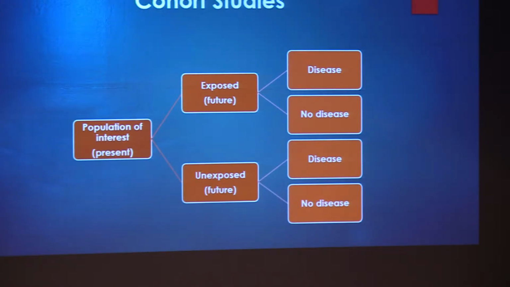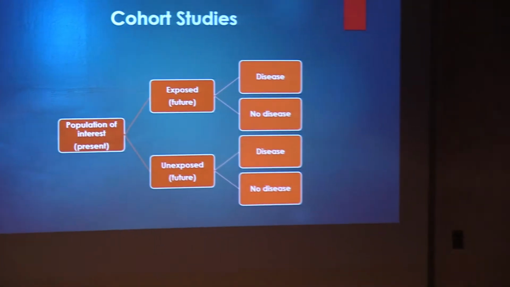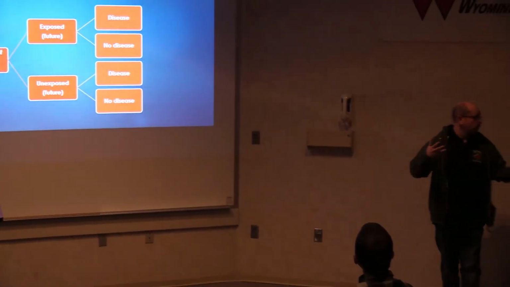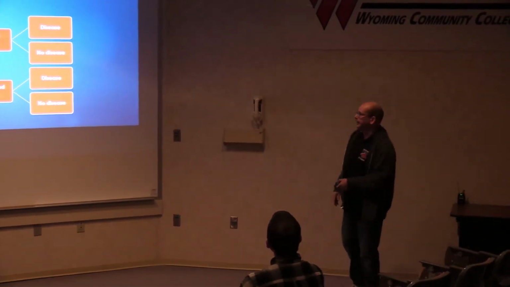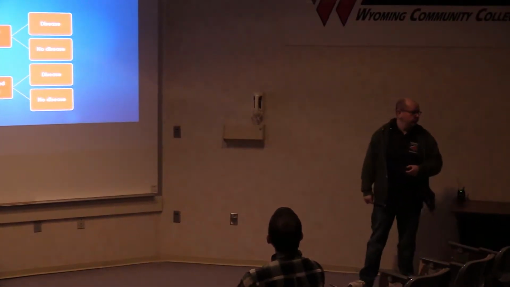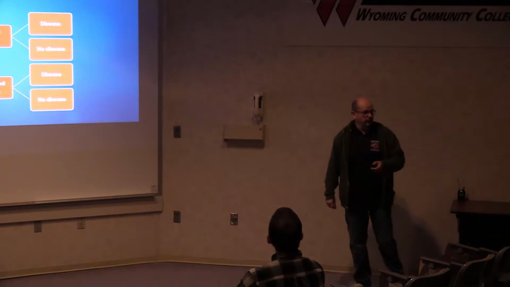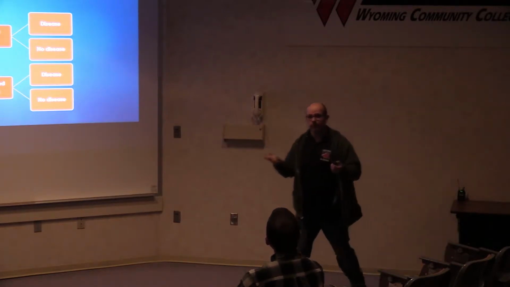You're going to measure what happens in the future, who gets exposed or unexposed. And this is a pretty generic term when I say exposed and unexposed. I could also refer to a lifestyle, what you're doing every day on a daily basis. That's exposure as well. And then, of course, sometime in the future, we're going to see who will develop a disease, who won't.